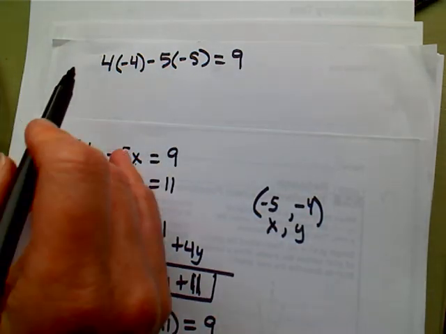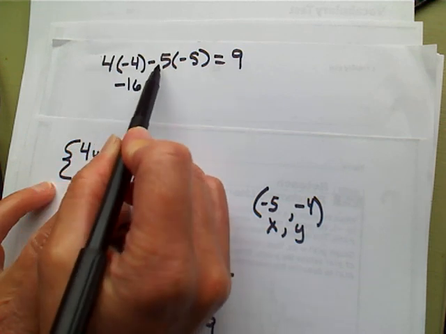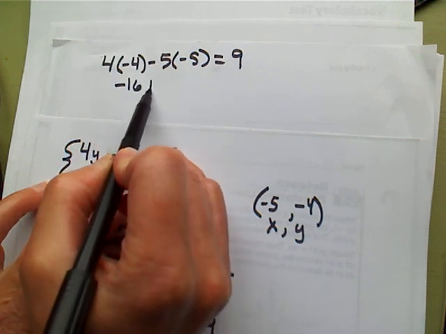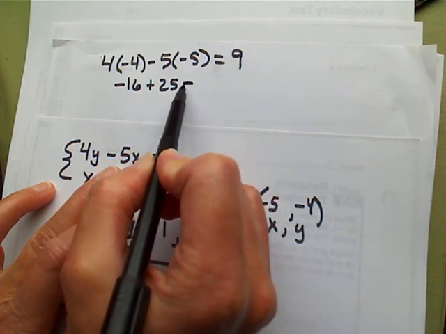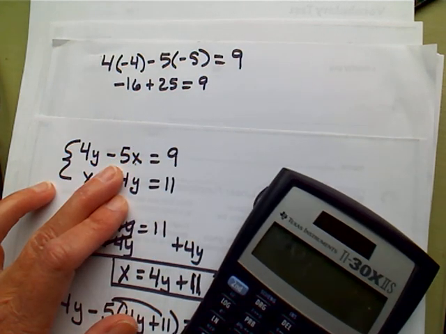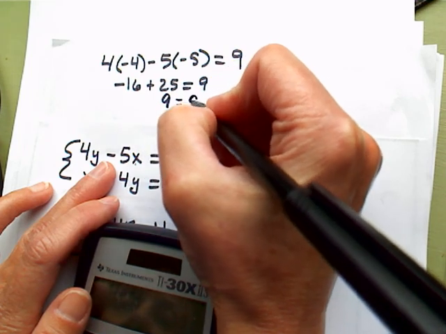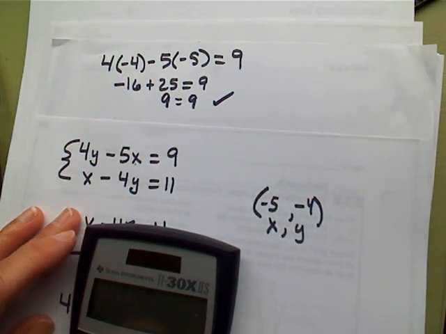Let's solve this out. So I have negative 16, right? Plus 2 negatives make a positive. So again, my calculator, I am doing negative 16 plus 25, and it does in fact equal 9. So my first equation does check.